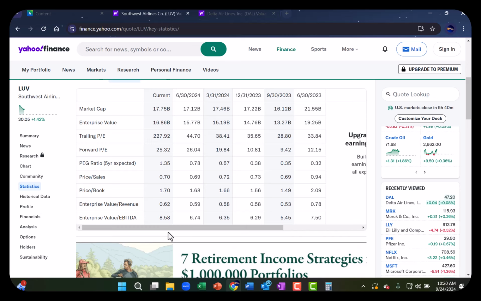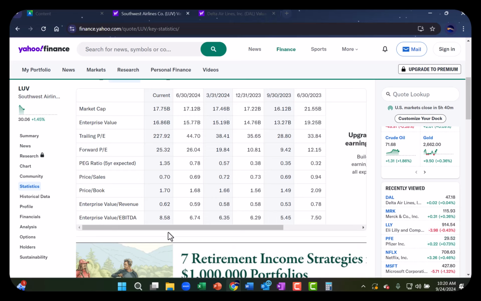Remember, book value of equity is book value of your assets minus your liabilities, right? You can think of book value of equity as if you were to liquidate the company right now and people would pay for your assets exactly what they're valued in the books, that's how much money the company would be worth.